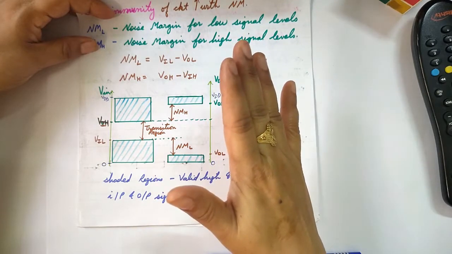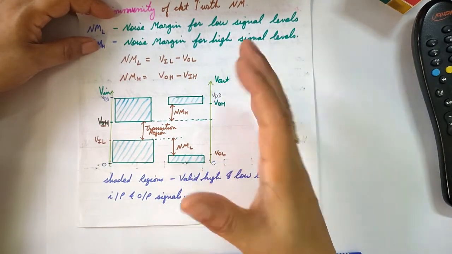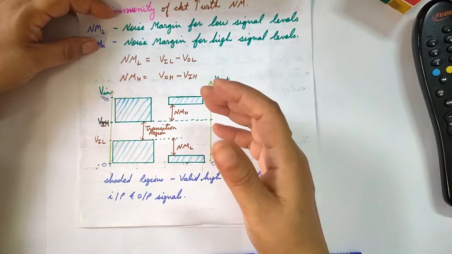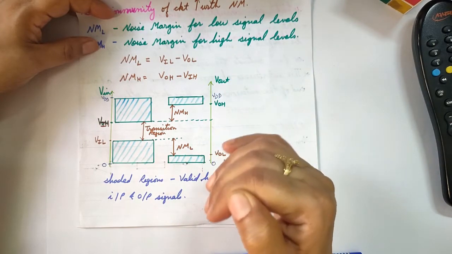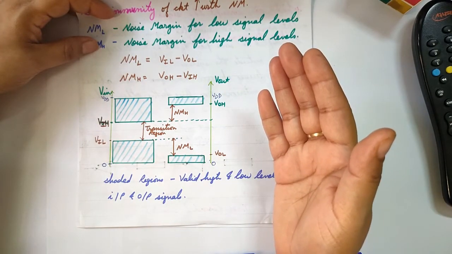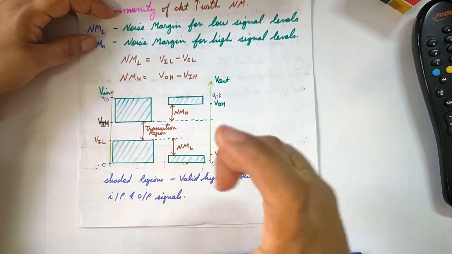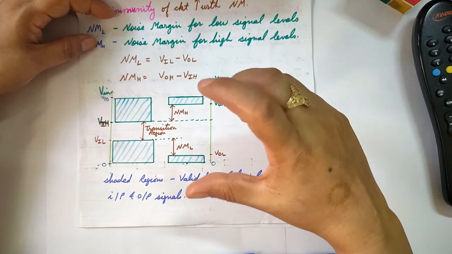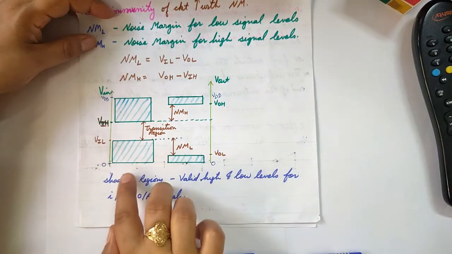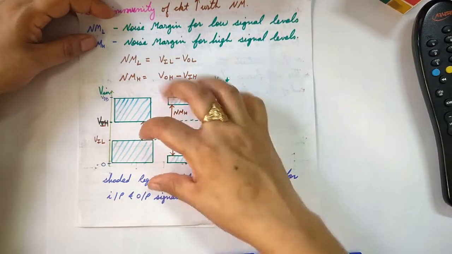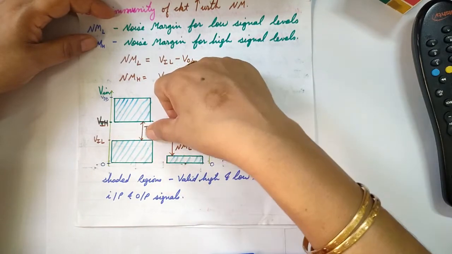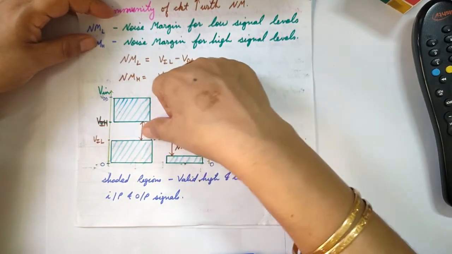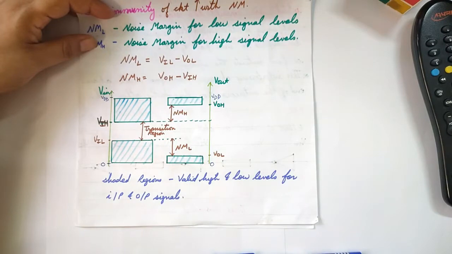Now we are going to see the margin, because ultimately the output of one is the input of the second. So we have to see what range of low input signal can be tolerated.